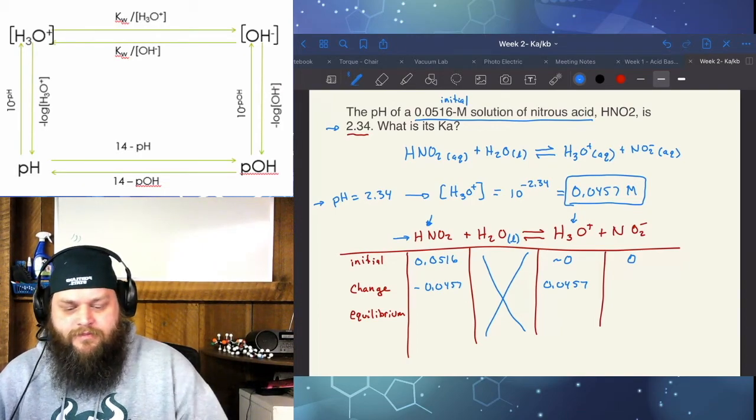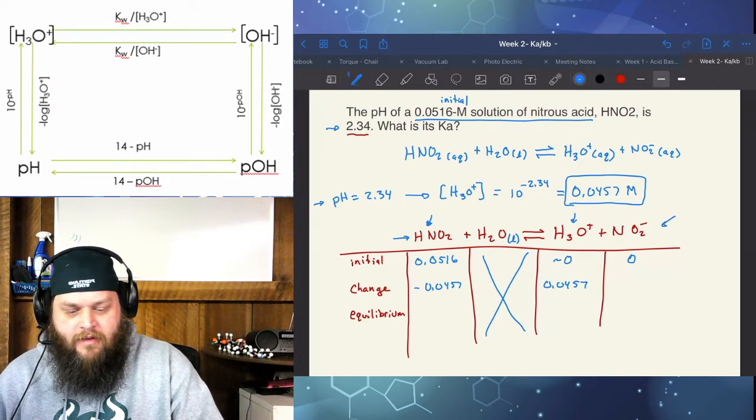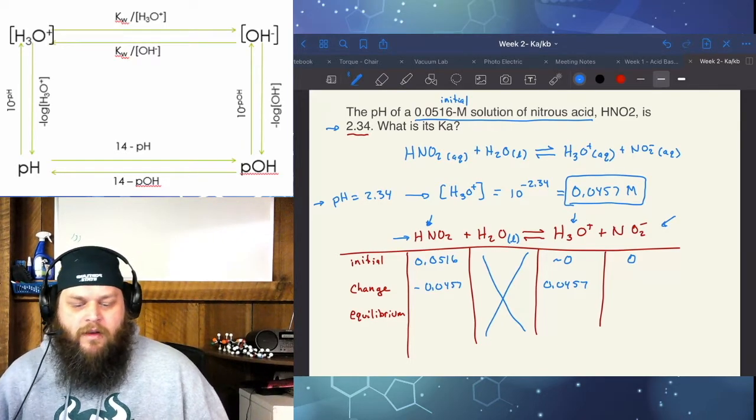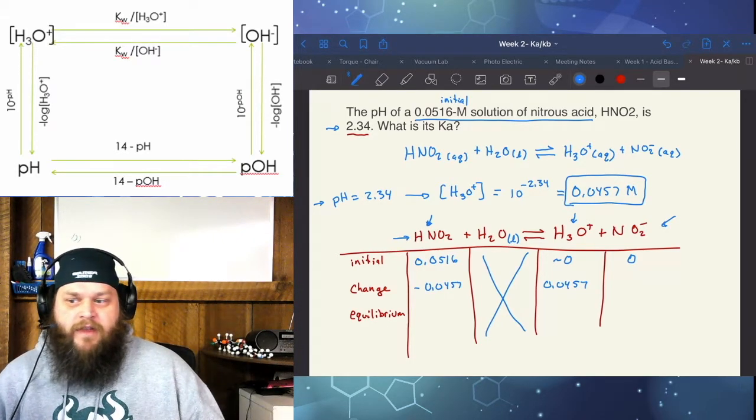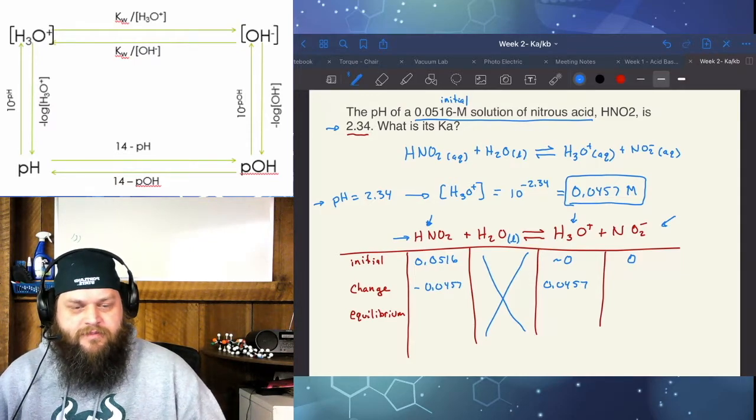Our conjugate base here, NO2 minus, what's the concentration of that? What's the change in that concentration?